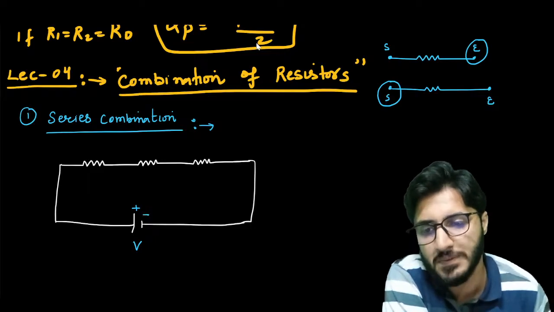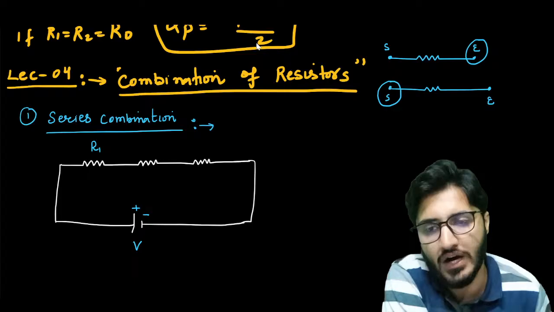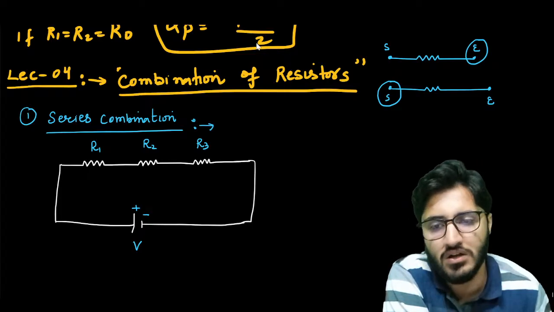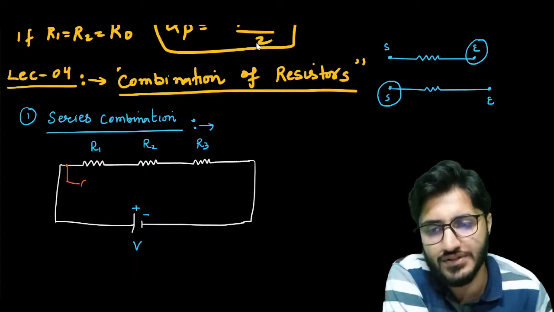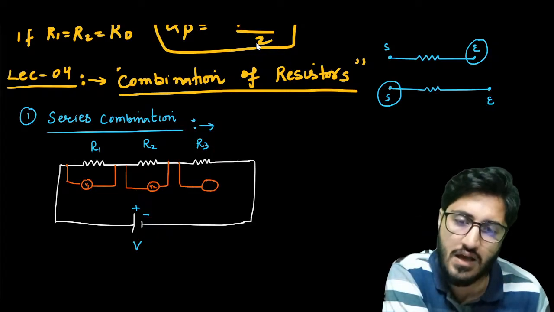The first resistor has value R1, the second is R2, and the third is R3. Across these three resistors a potential difference, a potential drop, takes place: V1 across the first one, V2 across the second one, and V3 across the third one.